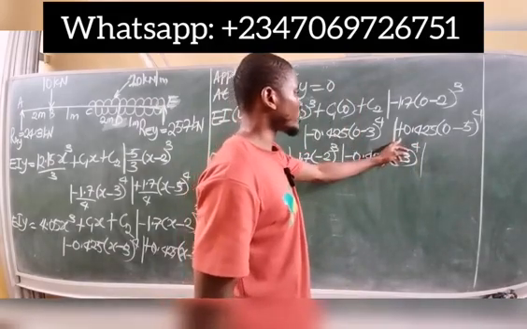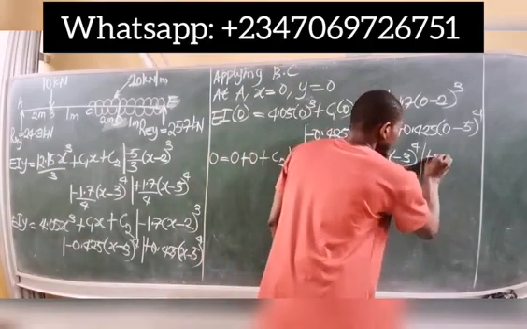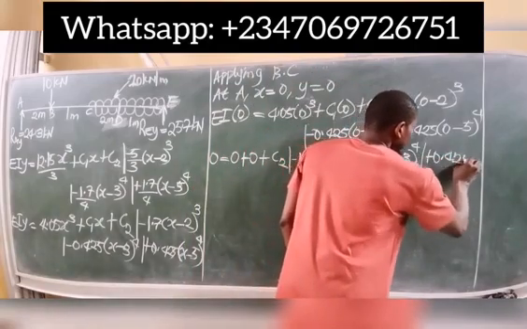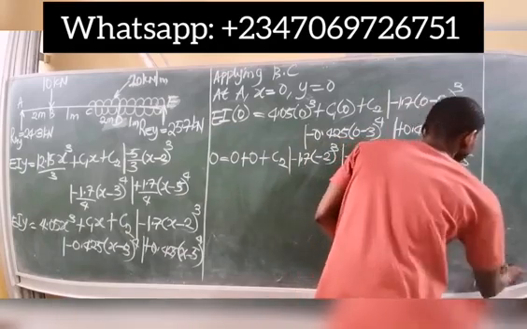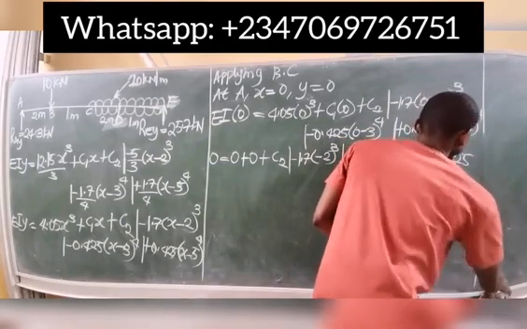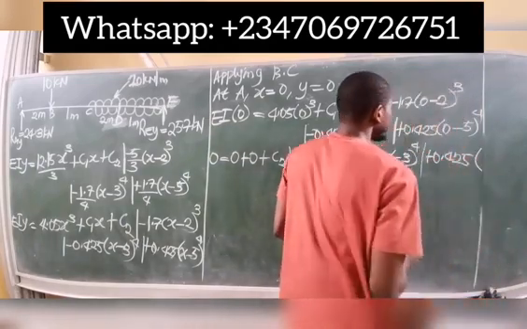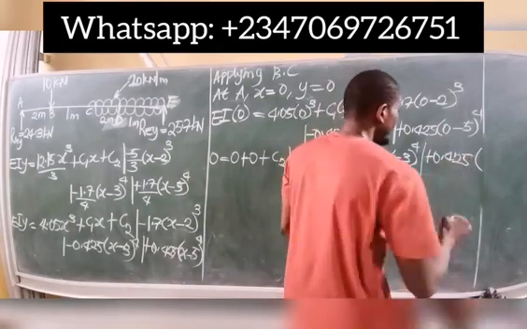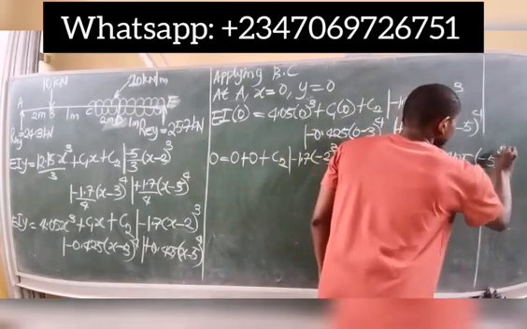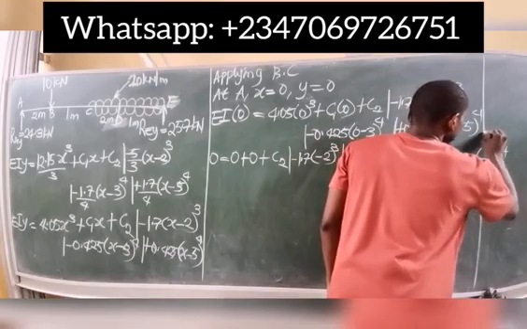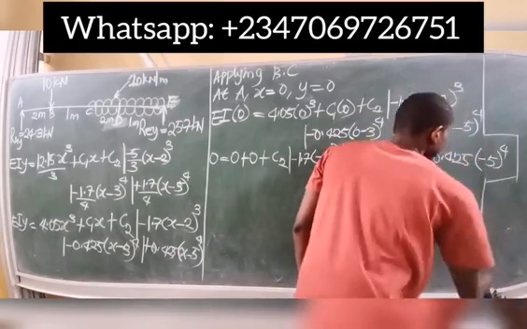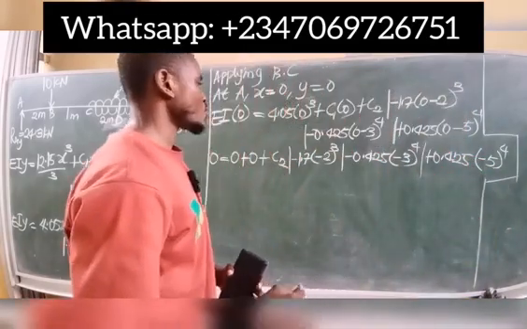Put down your Macaulay's bracket. We have here plus 0.425 into (0 minus 5), which simply gives us minus 5, to the power of 4. So we simply have this equation.